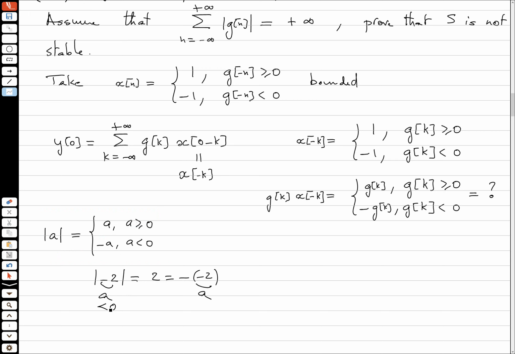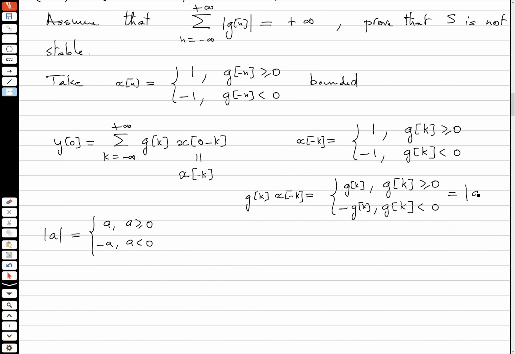The absolute value, this is what it's doing. It doesn't do anything when the number is positive. But it changes the sign when it's negative because it makes it positive. All right. So this is what? This is the absolute value of g of k.